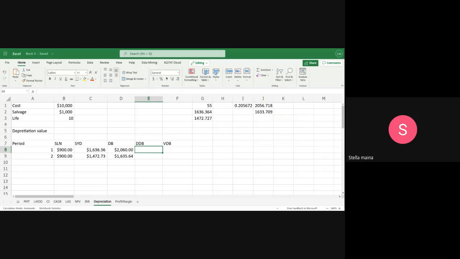Let us move on to DDB, which means double declining balance.